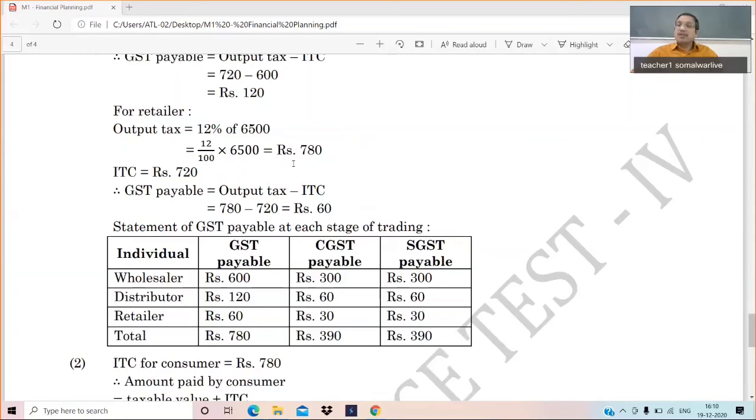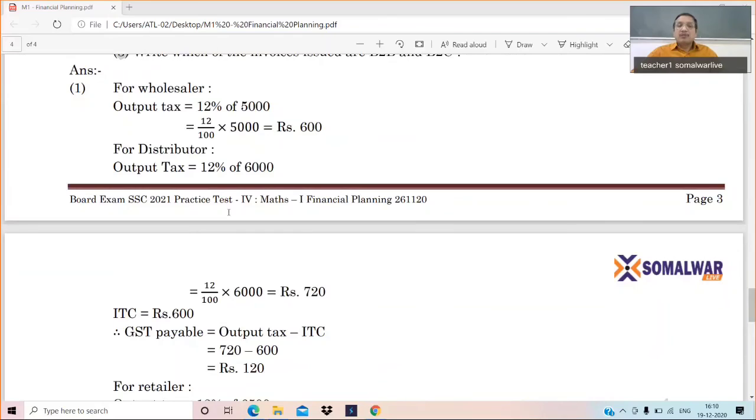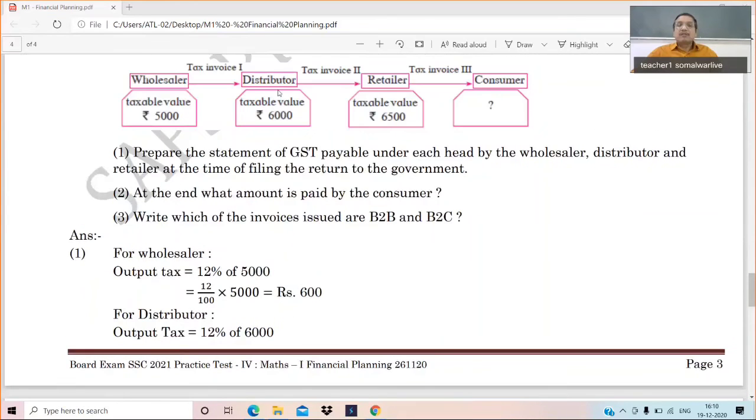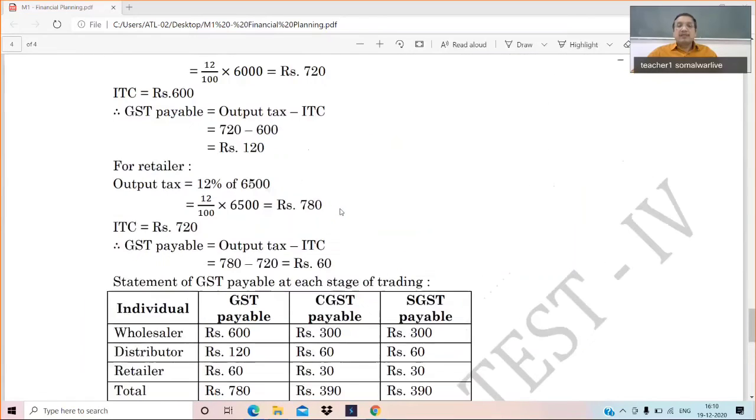But at the time of purchasing from distributor, he has paid an amount of rupees 720 as GST. So output tax minus ITC, 780 he collected, 720 he already paid to the distributor, and so he has to pay GST of rupees 60 only.